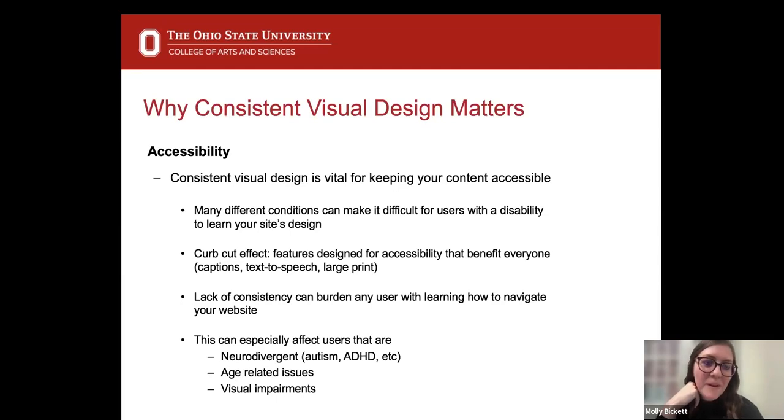I know it goes way beyond that, but things that are designed for accessibility benefit everyone. How many people use captions on videos if they want to watch them without sound on, or use text to speech to read something out to them? These go so much further than what they were designed for. That's why it's important for us to incorporate them on our website and make it better for everyone. So you can go to the next slide, Zach.